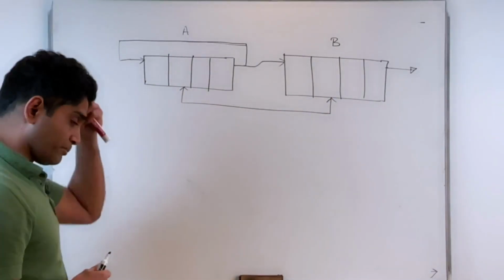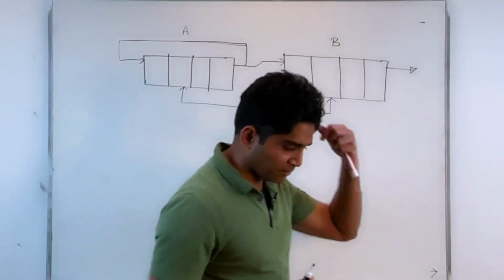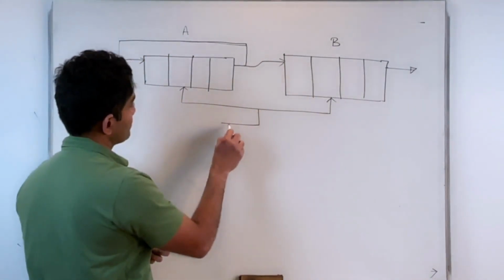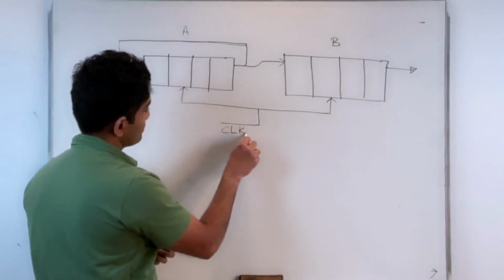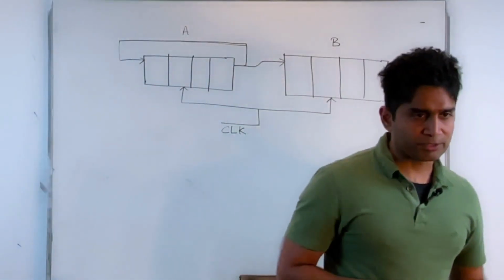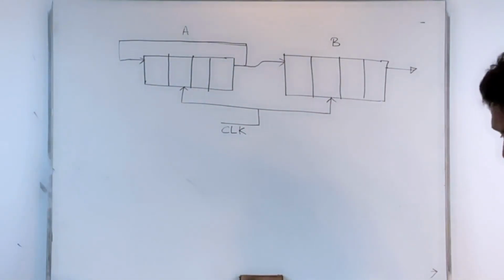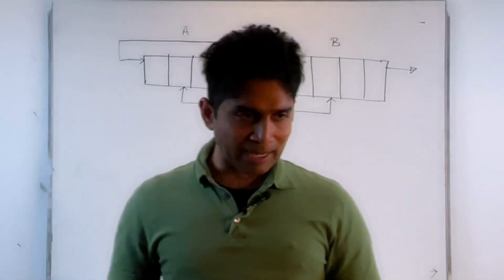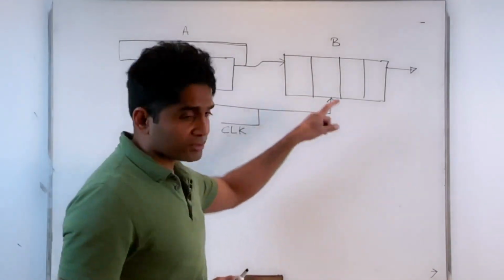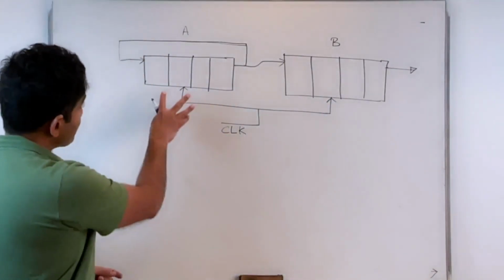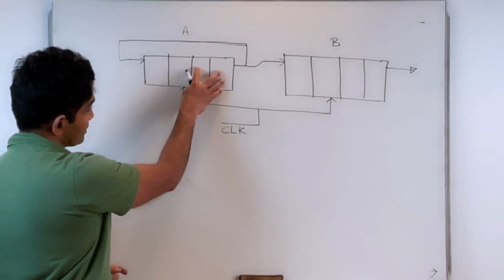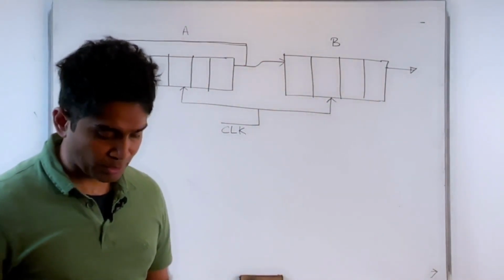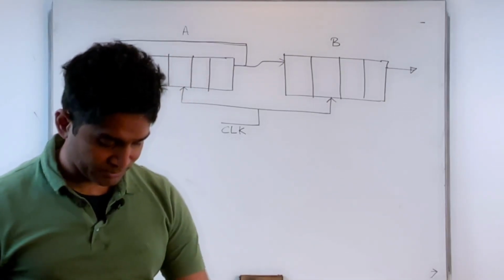Okay. Now let me ask you, if I want to do this operation, of course this is my clock, how many clock pulses should I be applying to these registers so that I can shift a 4-bit data value here into this register?